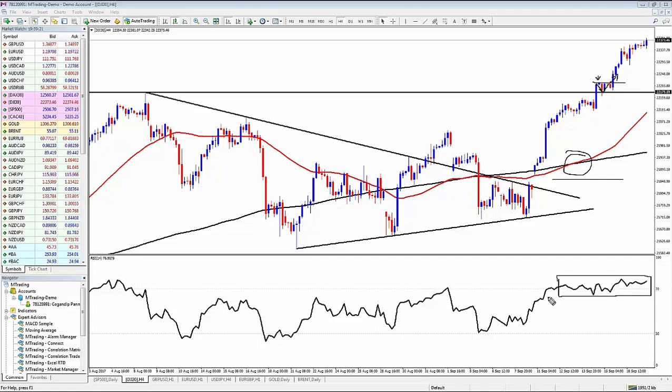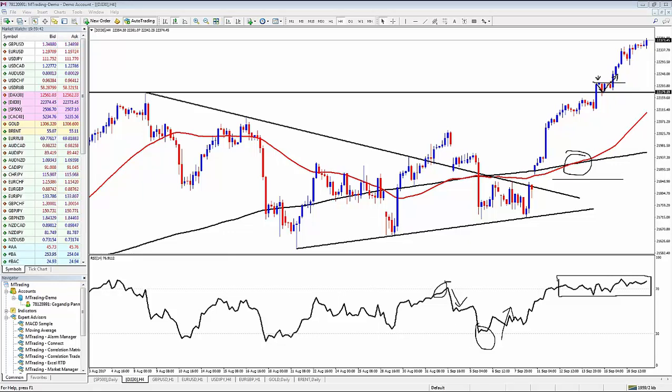Remember guys, not to just take your secondary indicator. When it's in the overbought zone, you look to sell, and when it's in the oversold zone, you look to buy. That works really well if you are in a ranging market. If the market's ranging, then that works brilliantly.